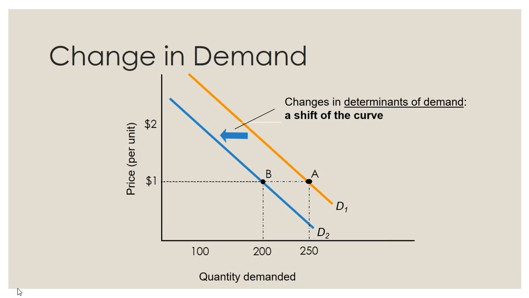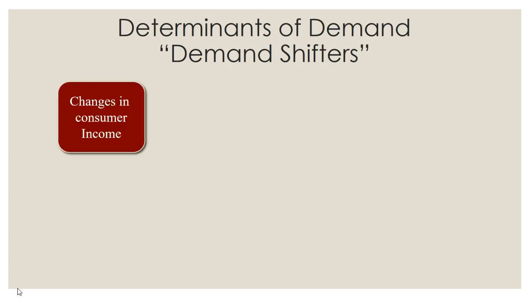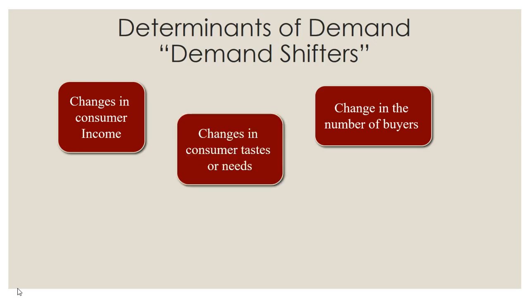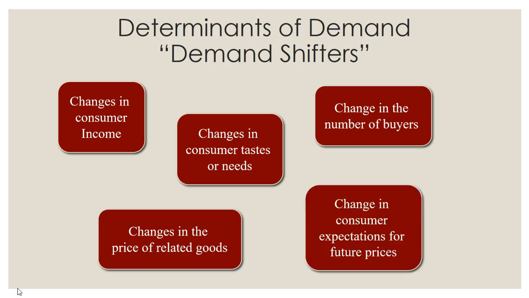This is a shift of the curve, which is a change in the determinants of demand. So, some examples of determinants of demand: changes in consumer income, change in the number of buyers, change in consumer tastes or needs, changes in the price of related goods, and change in consumer expectations for future prices.